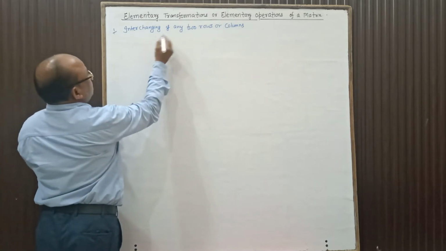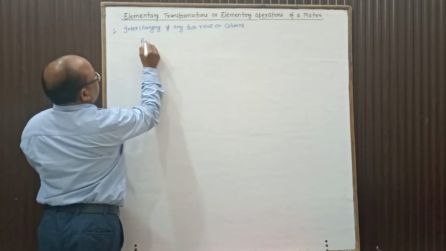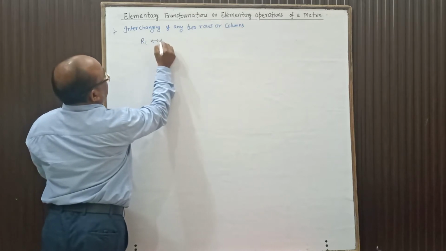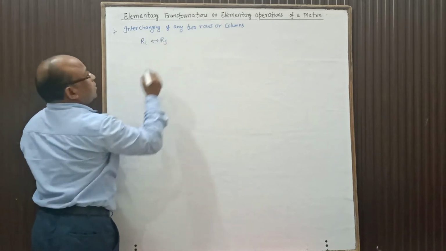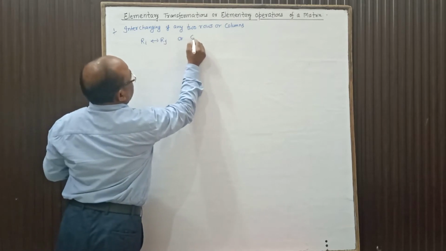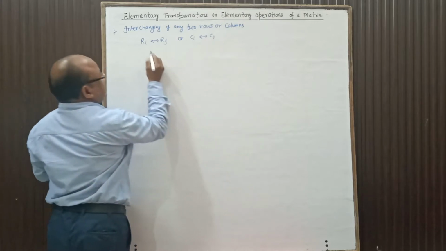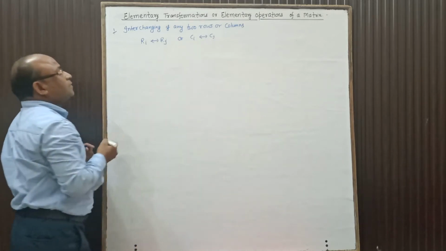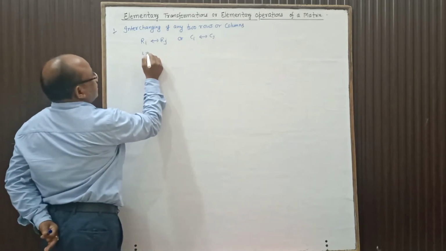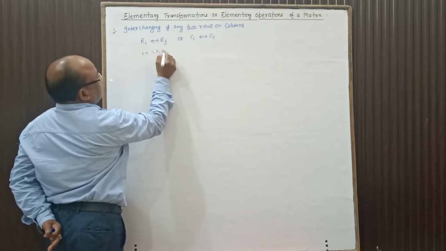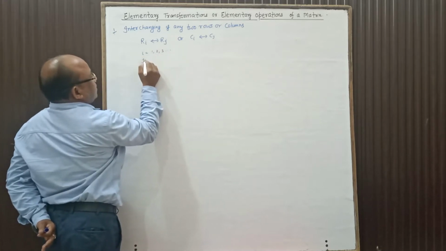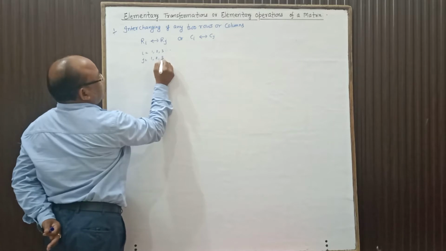We denote this property like this: Ri interchange Rj, or Ci interchange Cj. This is the sign of interchange, where i means 1, 2, 3 and so on, and j means also 1, 2 and 3 and so on.